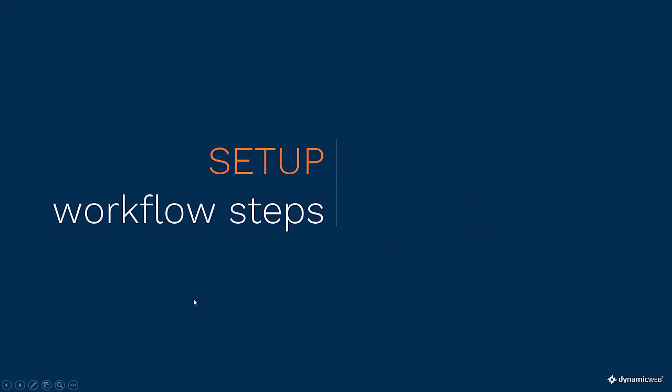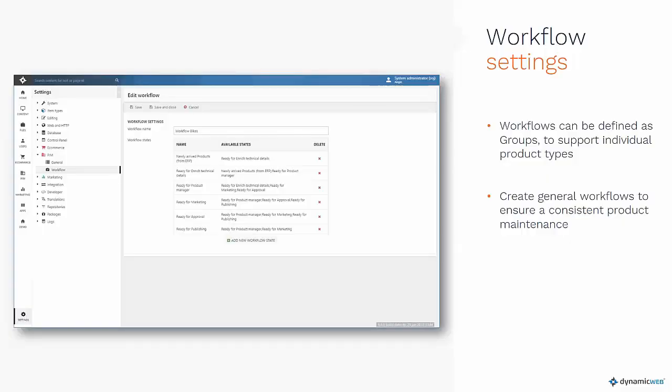Now, how do we set these things up? We have in our settings an area below PIM called workflow. And in this workflow settings, you can define the different workflow groups. Again, if there are different types of products, in this case we have bikes, clothing, assortments, accessories, then we probably have different types of workflows.